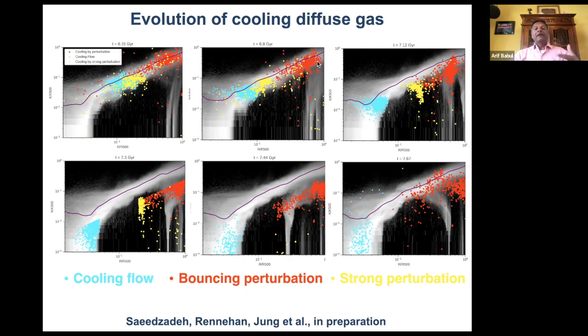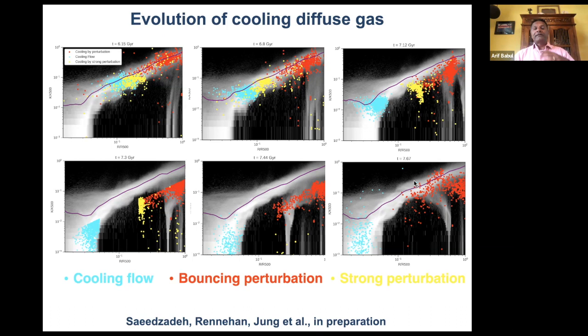As this medium is being perturbed, and Alex Liu showed a really nice slide that illustrated how this perturbation is happening, you have mixing, you have wakes that are compressing the medium, and you have thermal instability setting in in these higher density features, and some of them will drop down and bounce back up.